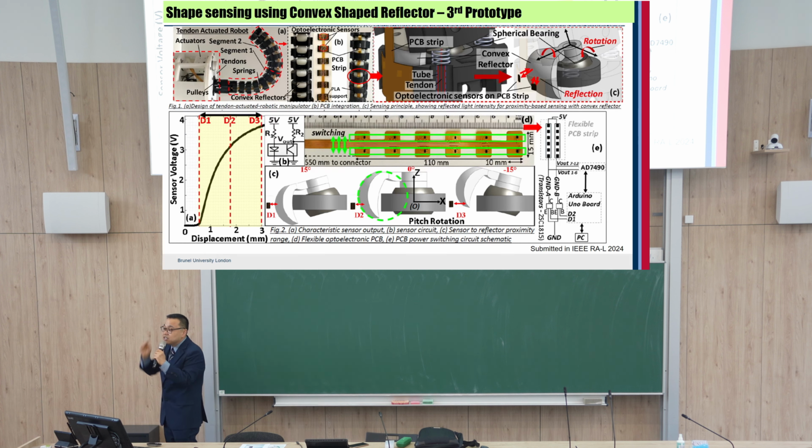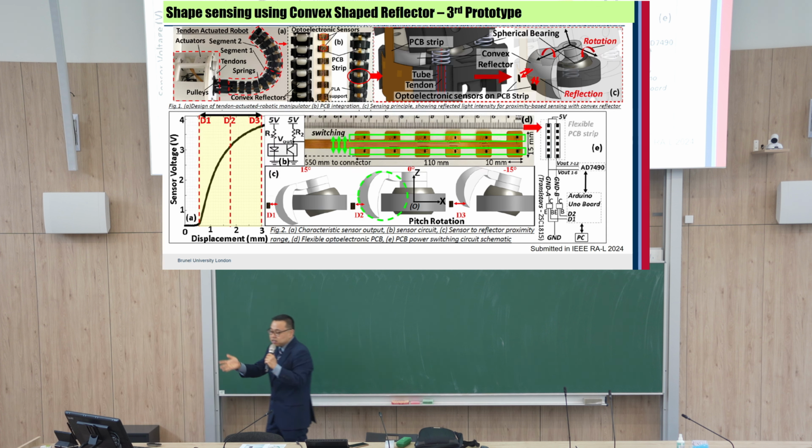This is one of my ideas. But regarding the shape sensor, in proportion to the number of optoelectronic sensors, the size is going to be bigger. So now I'm approaching a single unit, with a slight change to the surface shape and machine learning, and then it is possible.